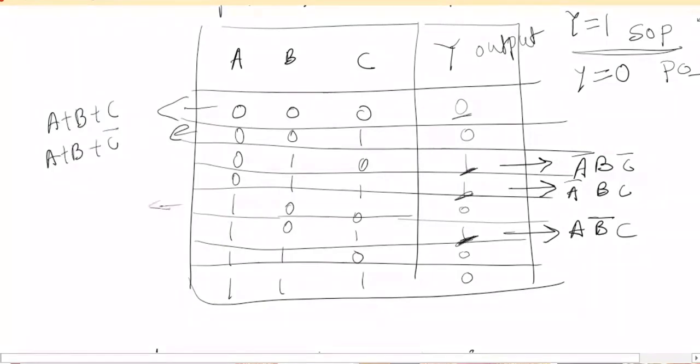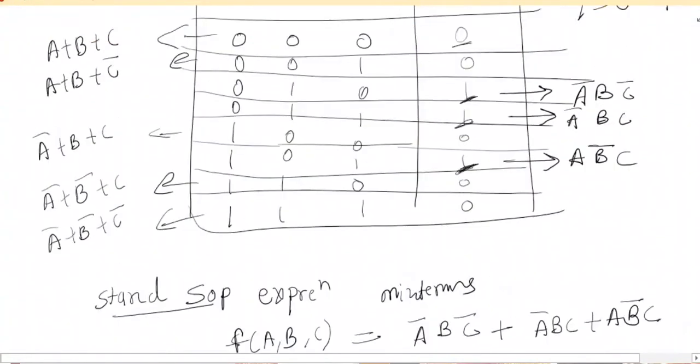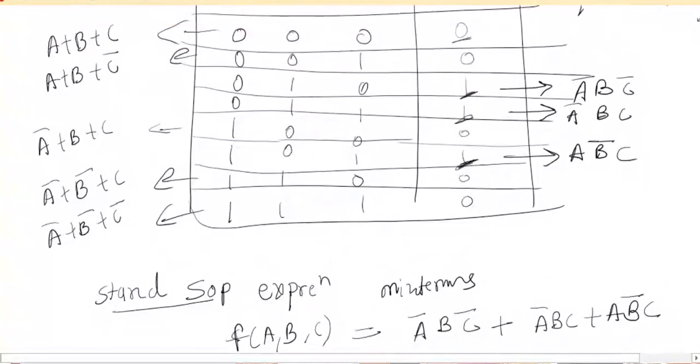Now the next one, A bar plus B plus C. Now this one, A bar plus B bar plus C, and the last one, A bar plus B bar plus C bar. Clear? Now to represent the POS expression, simply perform the product of these sum terms.